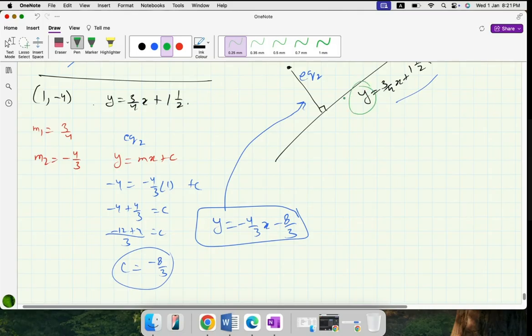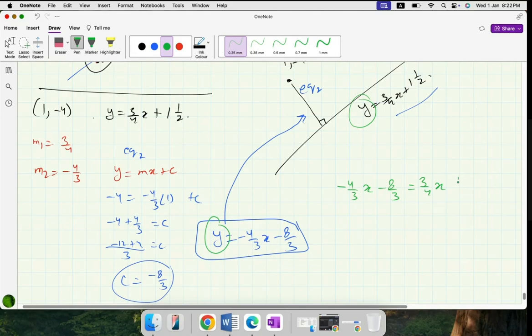So with y equals y: -4/3 x - 8/3 is equal to 3/4 x plus 3/2. So -8/3 - 3/2 is equal to 3/4 x + 4/3 x.